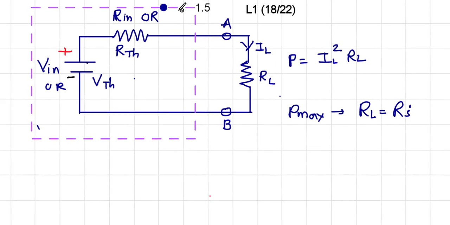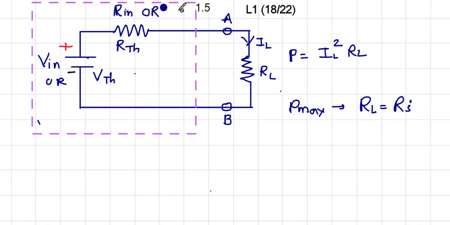So friends, for that we need to calculate. We know that, as shown in the figure, V is equal to IR, that is Ohm's law. But now we want to find out the current IL. So in this circuit, whatever voltage is appearing across this load resistance, for that we need to first calculate the current.